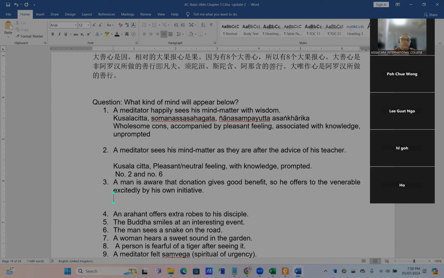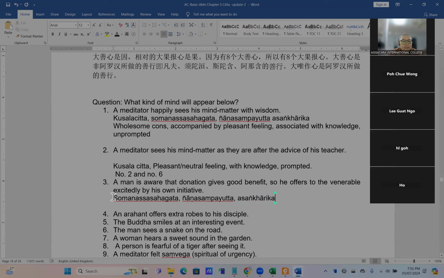So, Somanasa, Sahagatam, Jnana Sampayuttam. Asankarika or Sasankarika? It's his own initiative, so Asankarika. Okay, Asankarika.